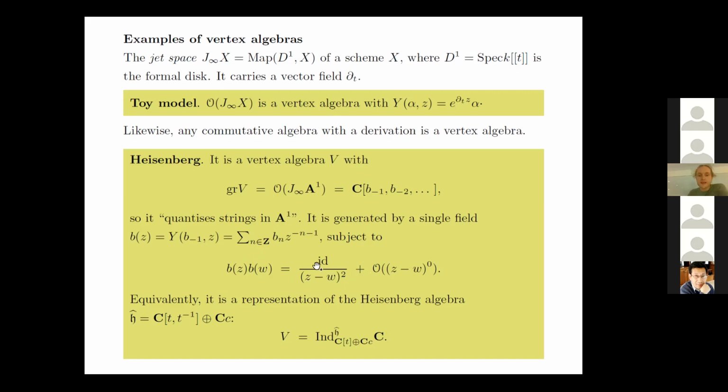So this OPE is actually equivalent to the modes, the Fourier coefficients of this field, acting as a Heisenberg algebra on this vector space V. So you could equivalently define the Heisenberg algebra as follows: you take the loop space of the one-dimensional Lie algebra, you extend it, and then you take a Verma module of this Lie algebra. This is an equivalent definition of the Heisenberg algebra.